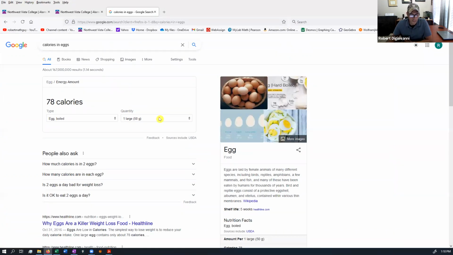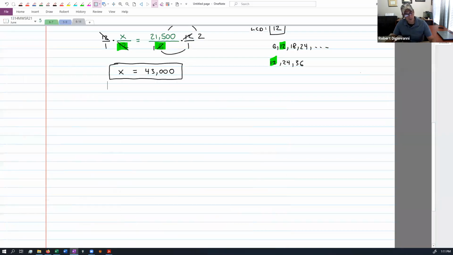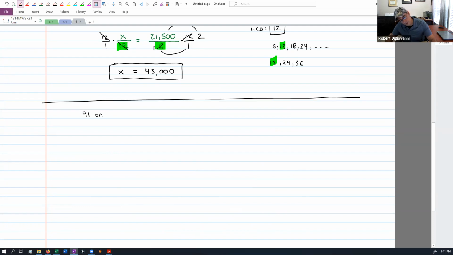So if you eat a hard-boiled egg, or do we want hard-boiled? Let me see. Let's do scrambled egg. So let's say you eat a scrambled egg, right? There's 91 calories in the scrambled egg. So there are 91 calories in one egg. I'm just going to say egg.